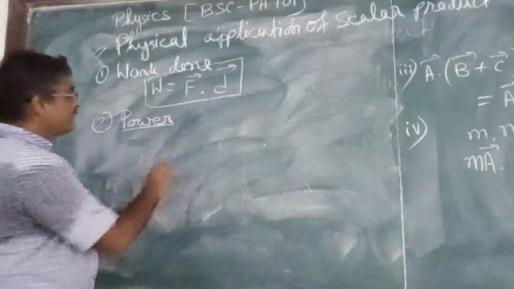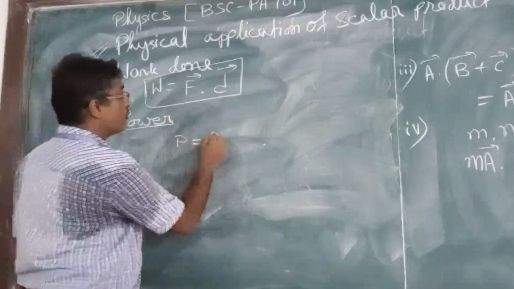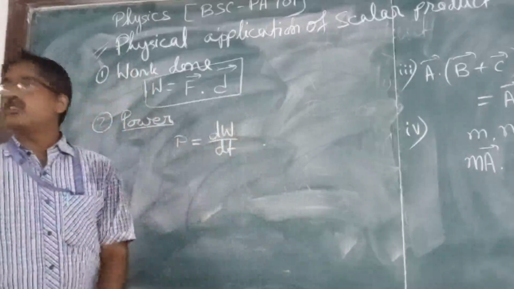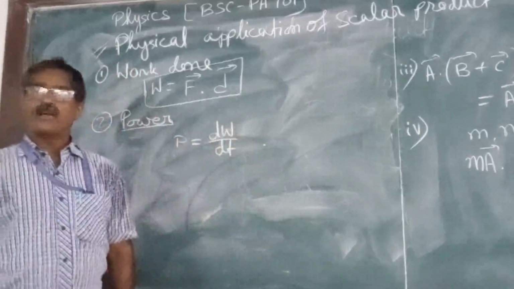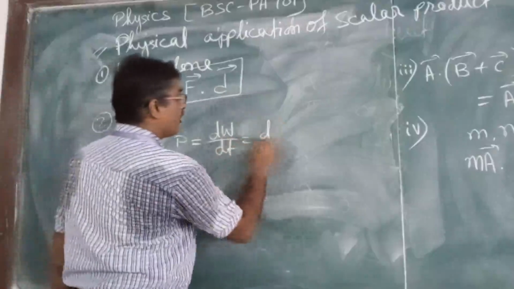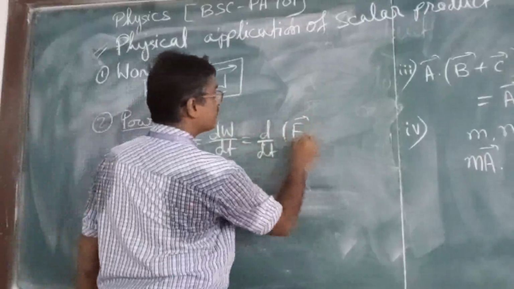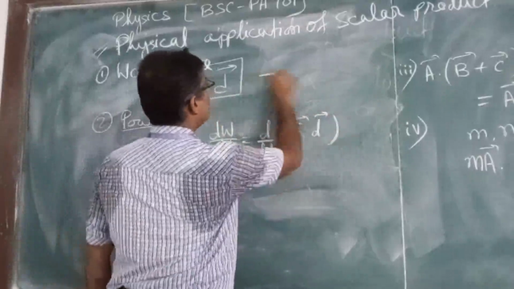That is P equals dW by dt, which equals d by dt of W. W means F dot D, from equation 1.